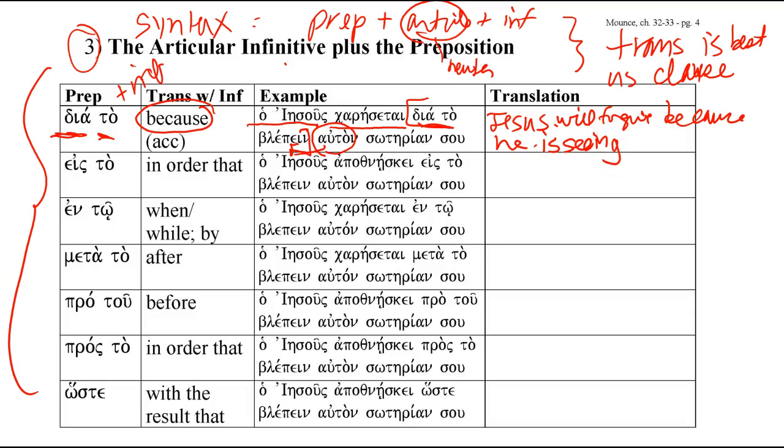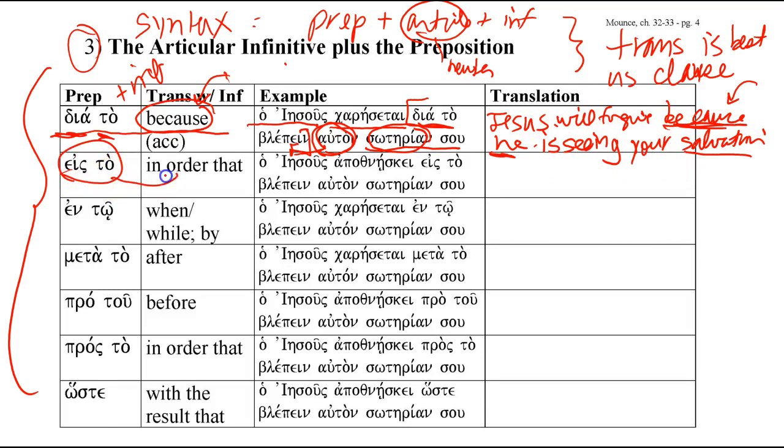So he is seeing, and what is he seeing? Your salvation. So a couple translation notes. You have auton as an accusative. You have soterion as an accusative. Two accusatives. That means in an infinitive phrase, one of them has to be the subject, one of them has to be the direct object. So I'm going to choose he as the subject, salvation as the object. So Jesus will forgive because he is seeing your salvation.